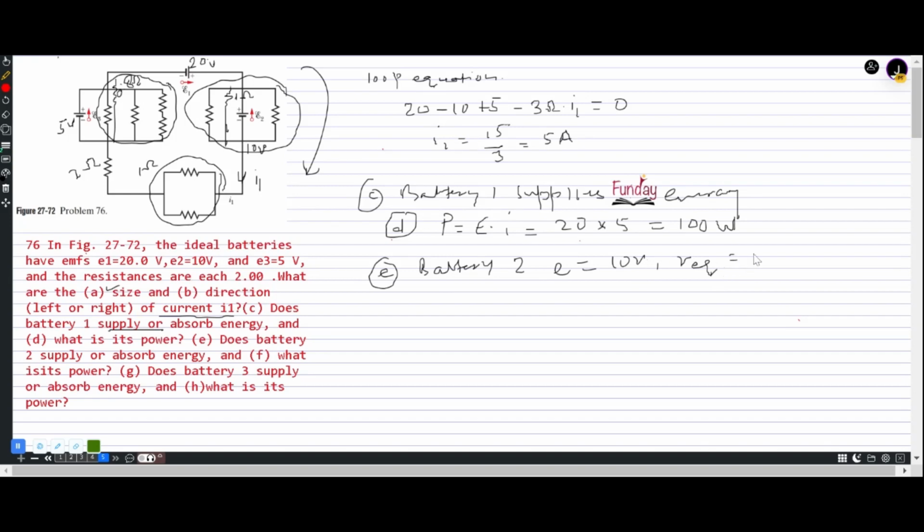That means an additional 5 ampere current is being supplied by E2, from its positive side to its negative side. So E2 is also a net provider of energy, and that power is E2 into I, which is 10 into 5, which is 50 watts.